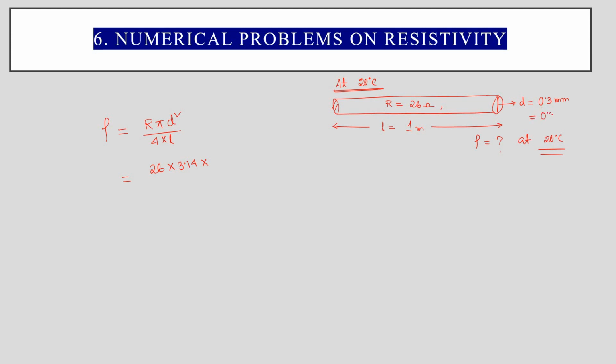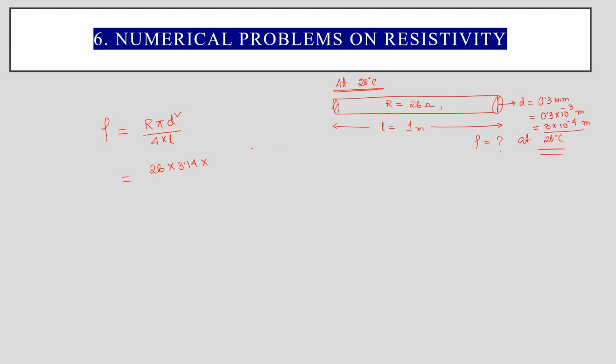So 0.3 into 10 to the power minus 3 for converting it into meter, or we can write it as 3 into 10 to the power minus 4 meter. So 0.3, that is 3 by 10, we can express in terms of indices like 3 into 10 to the power minus 4.